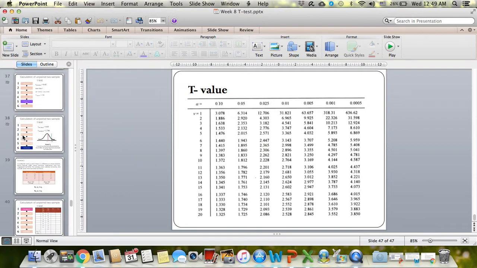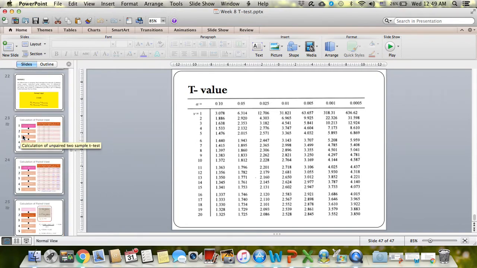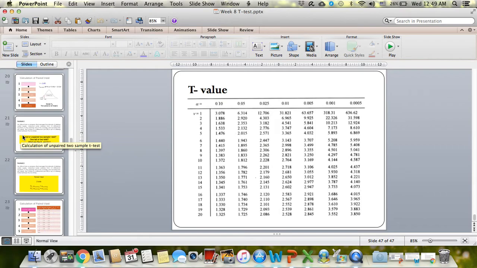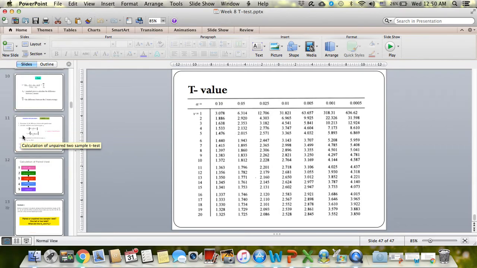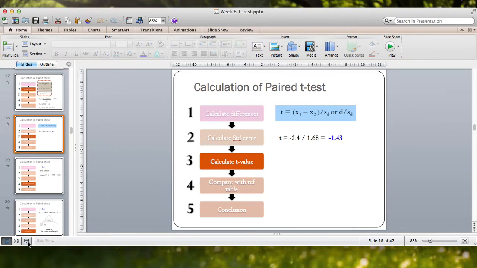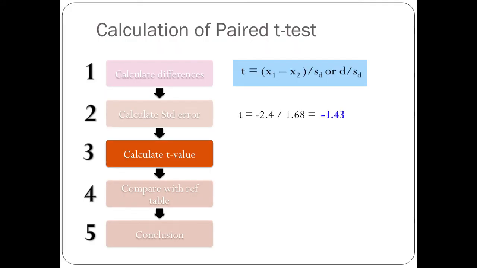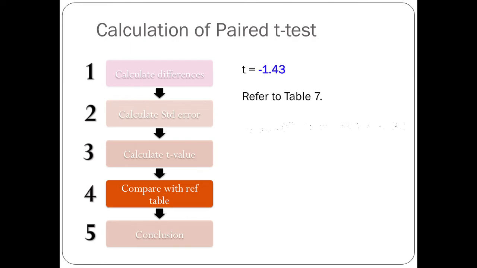Okay, so let us go back. So the t tabulated, with degrees of freedom 4 and significance 0.05, is 2.132.